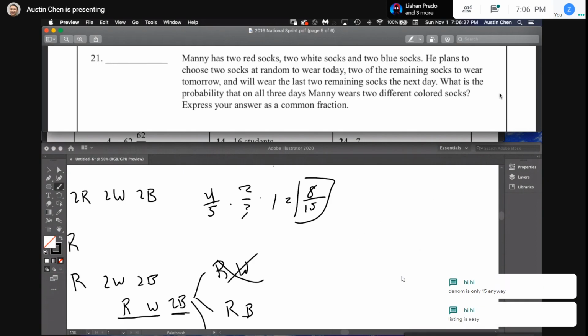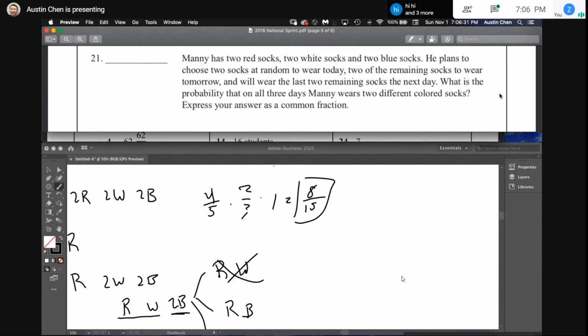And I mean, if you look at this problem, the only way to have him wear two different color socks on all 3 days is if he wears a different combination every day: red, white, white, blue, and then red, blue. So yeah.